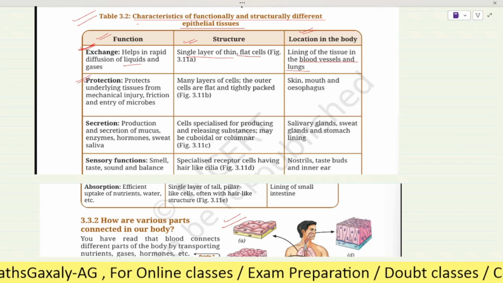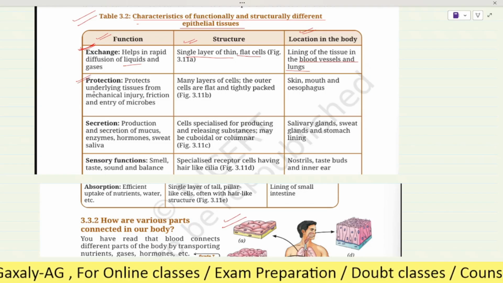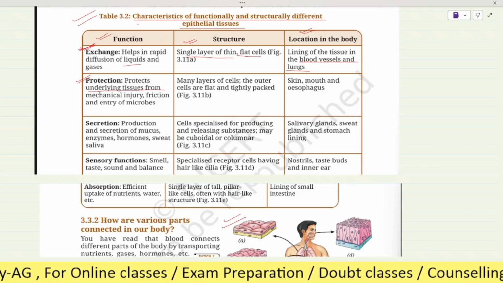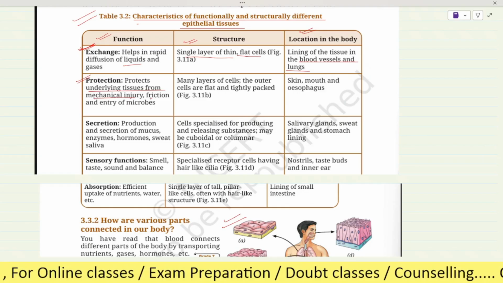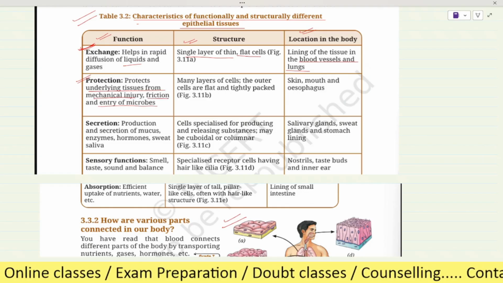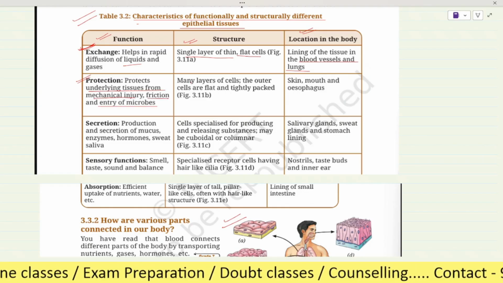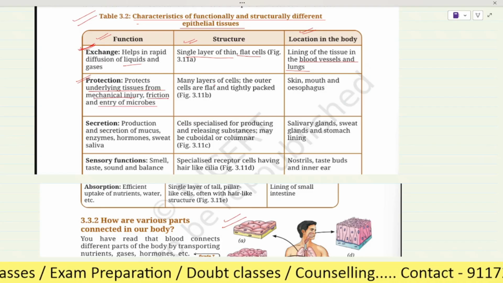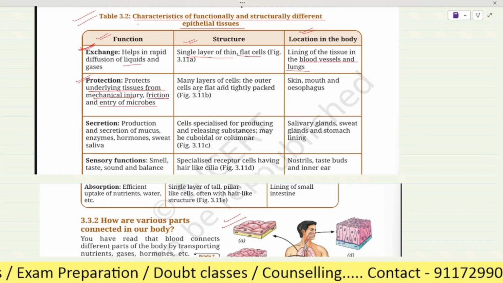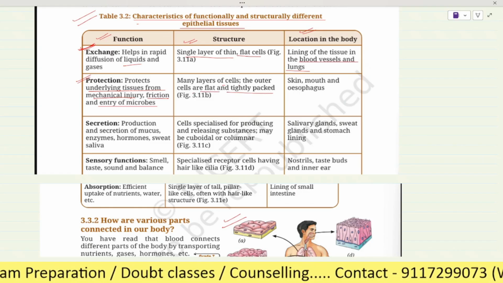Now protection. The tissues which protect us. So it protects underlying tissues from mechanical injuries, friction and entry of microbes. The structure is many layers of cells. The outer cells are flat and tightly packed.